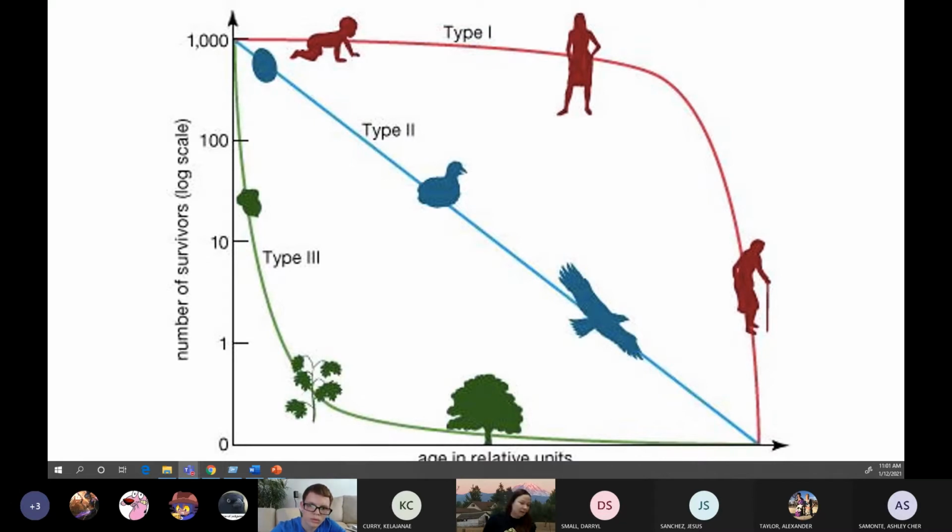If you've done any math with earthquakes, like the Richter scale, a 5.0 earthquake versus a 5.1, that's 10 times stronger than a 5. So the Richter scale is also done on a logarithmic scale. That's why the scale looks uneven when it's really not. It's just to make the graph more usable.